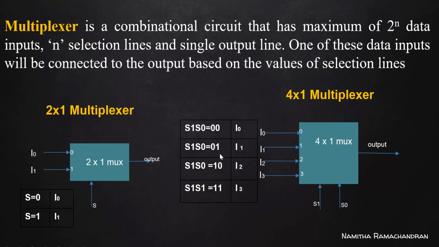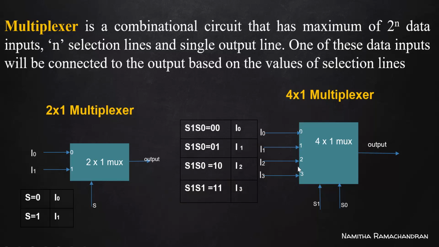If it is like 0 1, S1 equal to 0 and S0 equal to 1, which is equivalent to 1. So in that case, this multiplexer connects input 1 to the output line and blocks input 0, input 2 and input 3. And if the selection line combination is like 1 0, this is equivalent to decimal 2, right?